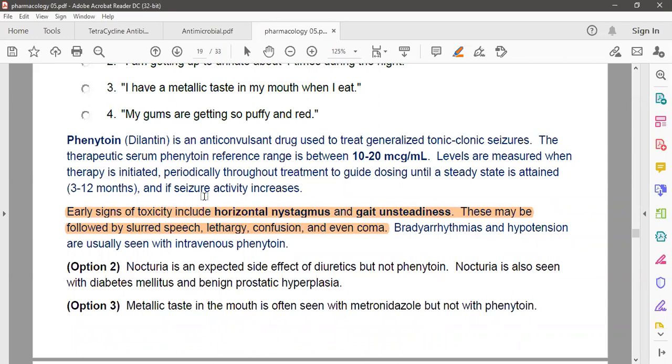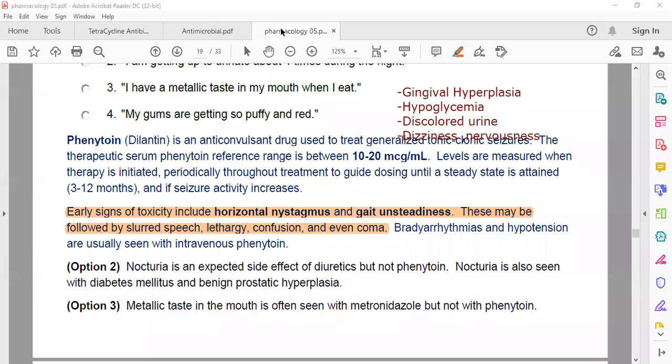The common side effects of Dilantin or phenytoin: they can cause gingival hyperplasia or hypoglycemia, meaning blood sugar goes down, or dizziness, nervousness. Sometimes they can cause a mild skin rash or itching.